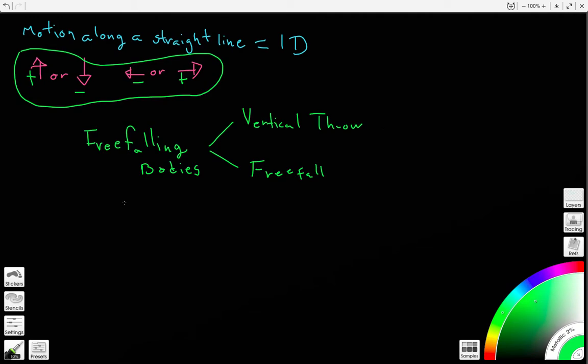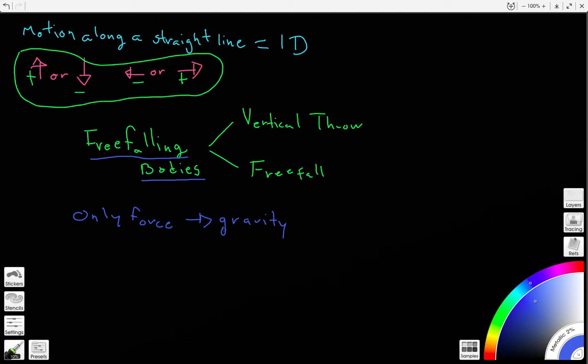One thing that is very important when we talk about free falling bodies is that the only force that governs this type of movement is gravity. This is ideal, okay?